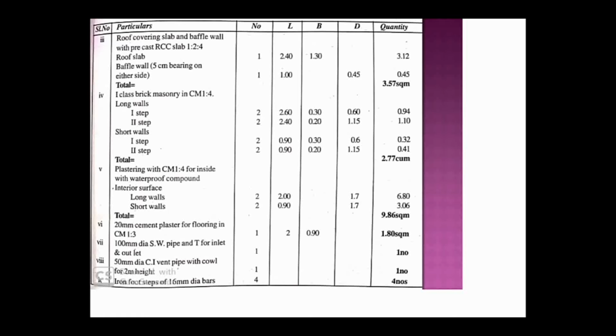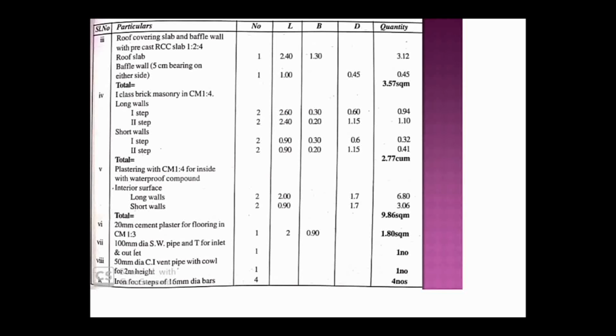And again for the baffle wall, considering 5 centimeter bearing on either side, number is 1, length is 90 plus 5 plus 5, breadth no need, depth you have to consider 30 plus 15, that is 45. So by multiplying these and adding both quantities, we get 3.57 square meter as the total quantity of RCC covering slab and baffle wall, right?